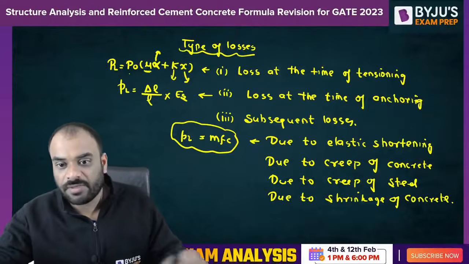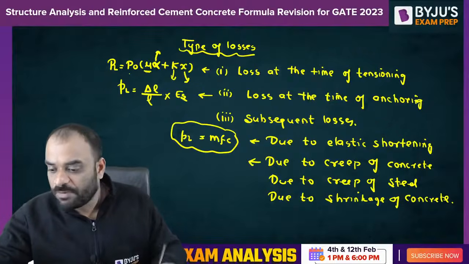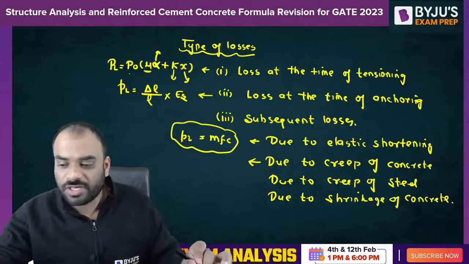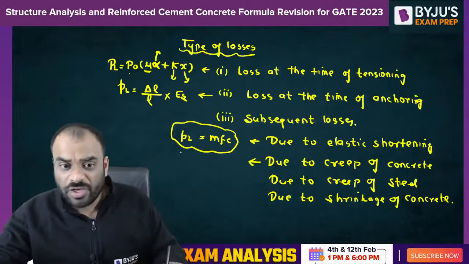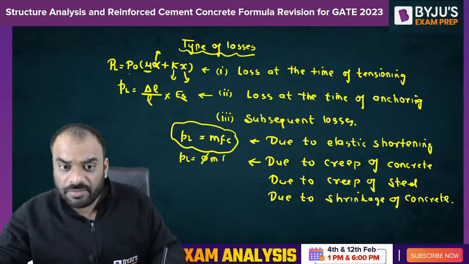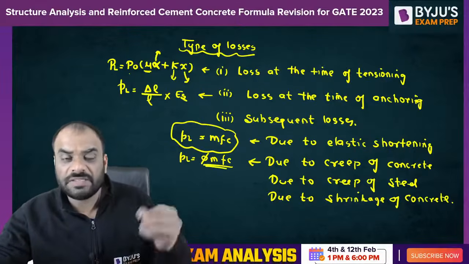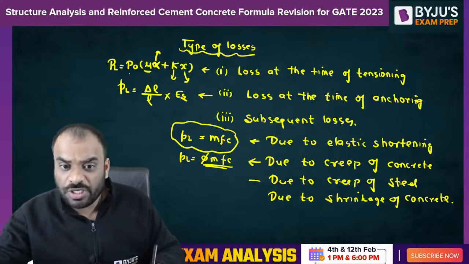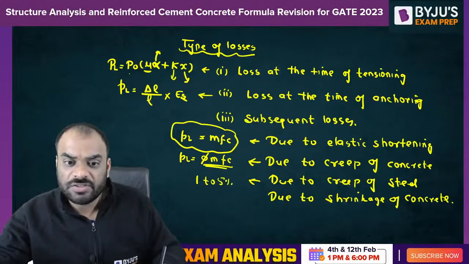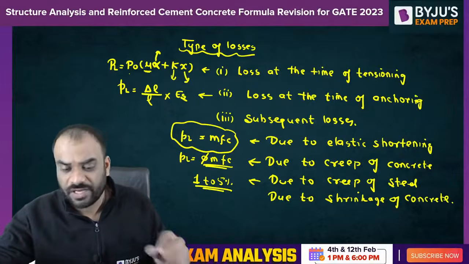Due to creep of concrete, the value will be phi m times fc. What is phi? Basically the creep coefficient. Due to creep of steel, the value can be between 1 to 5%, generally taken as 3% of the initial pre-stress value.